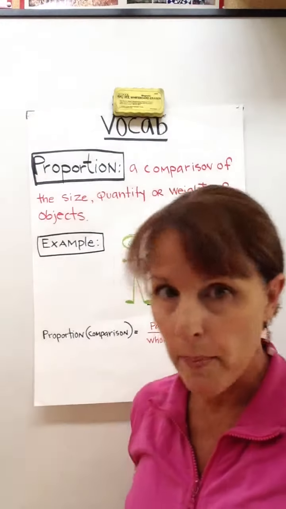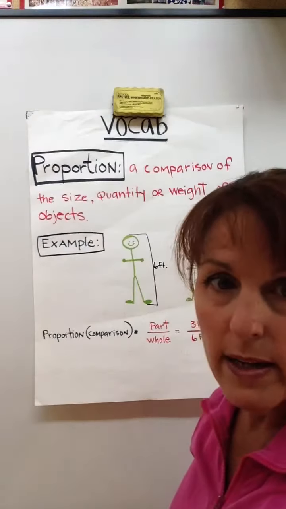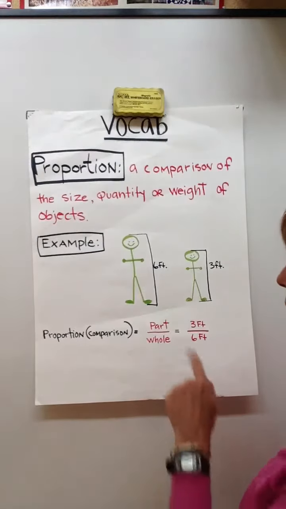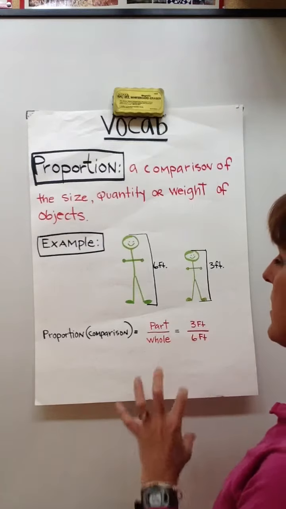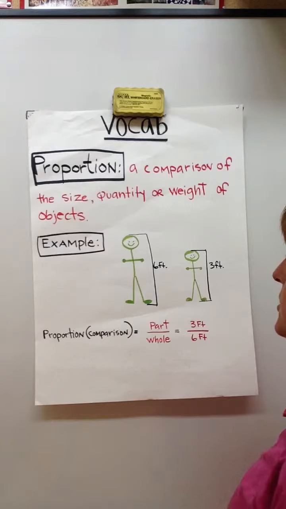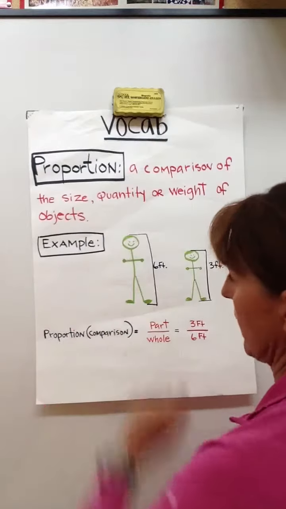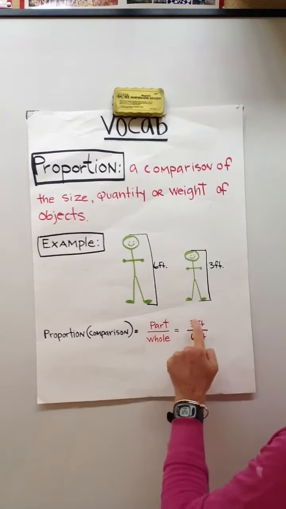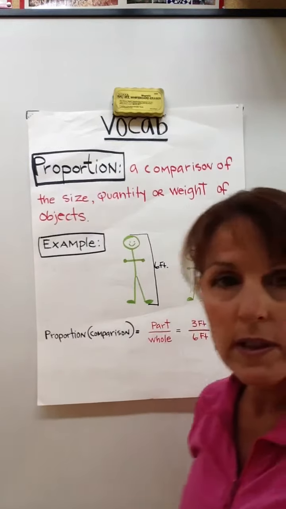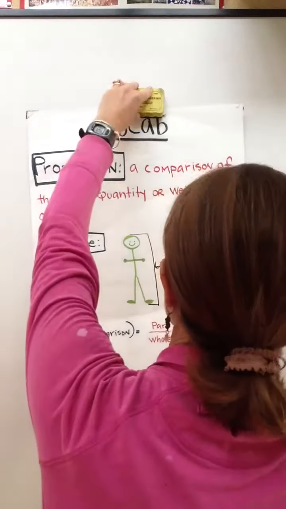And when we set up a proportion in math so that we can compare the items, we always want to put the part over the whole, okay? That means the part is always going to be the smaller thing, and the whole is always going to be the bigger thing. So, part over whole in this case would be 3 feet over 6 feet, okay? That's how you set up a proportion. All right, that's the vocabulary.